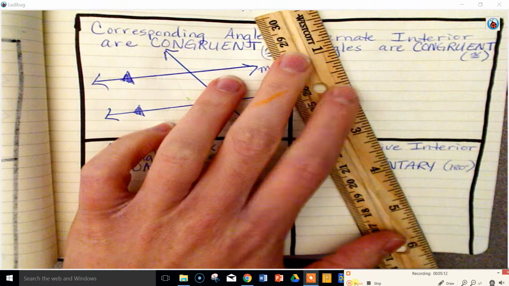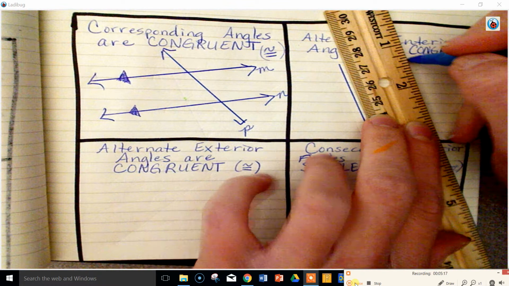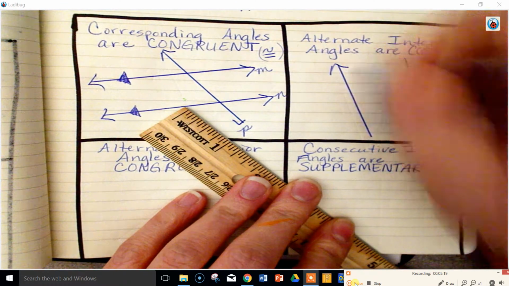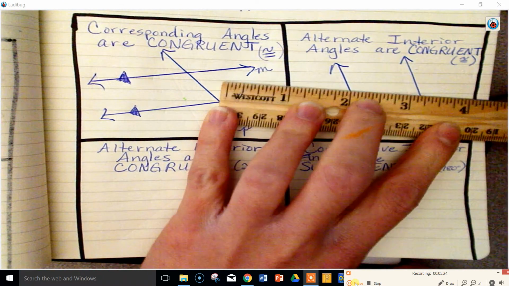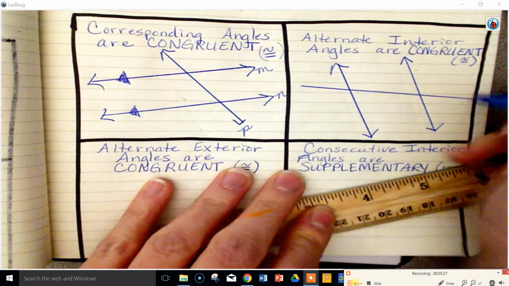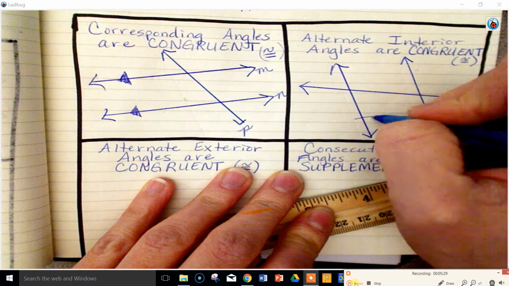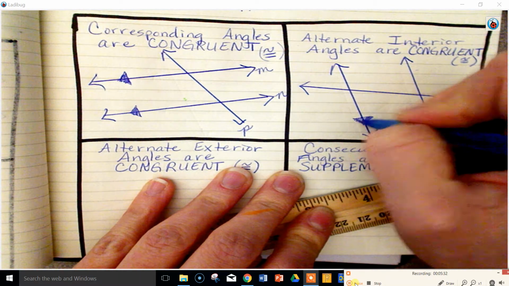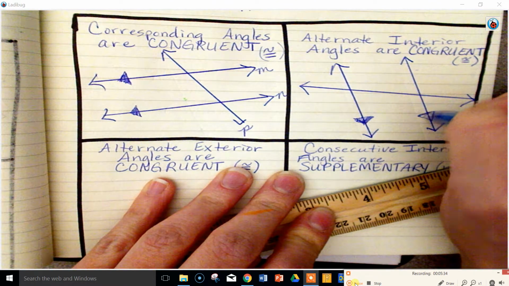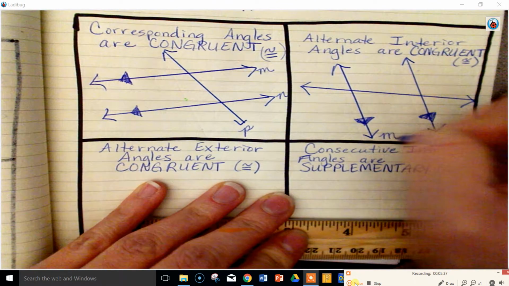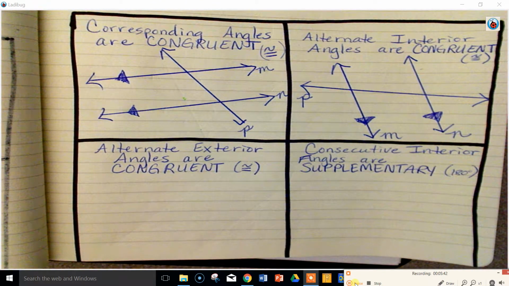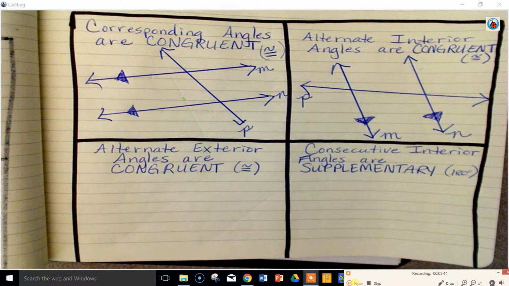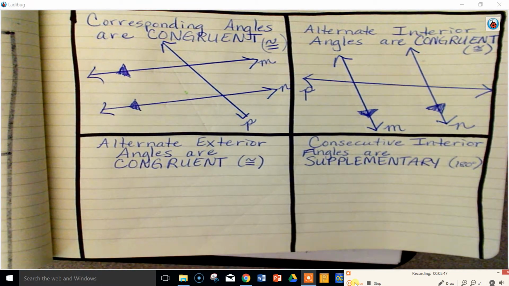Do another set over here. Line M, line N, and the transversal P. And then do a couple more.